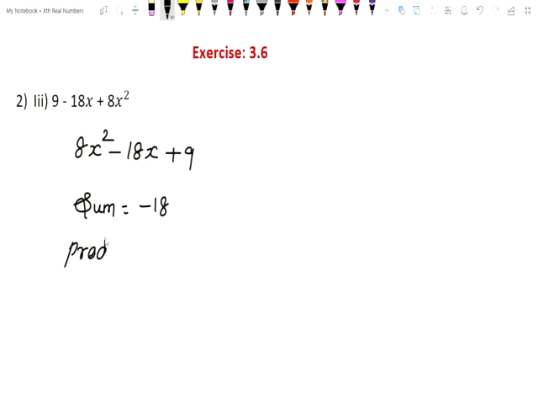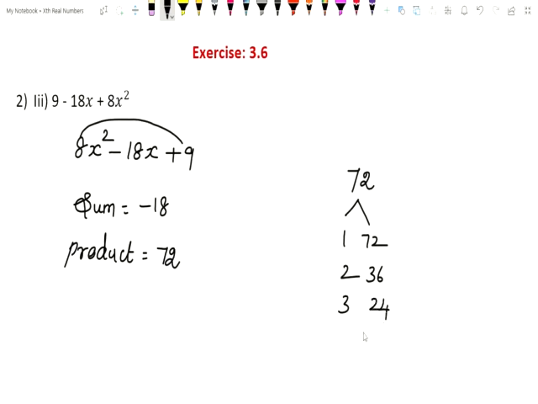Product equal to the multiplication of the constant and the coefficient of x square. 8 9s are 72. Now write the factors of 72: 1 and 72, 2 and 36, 3 and 24, 4 and 18, 6 and 12, 8 and 9.